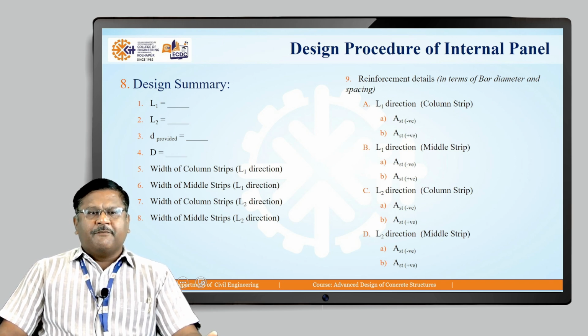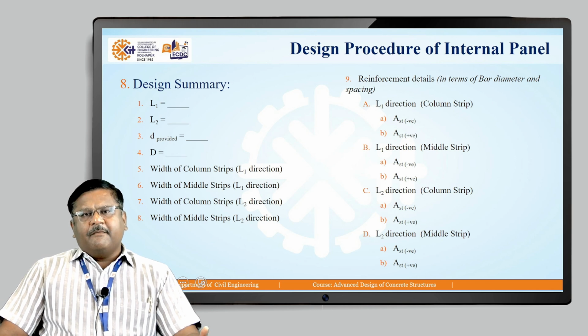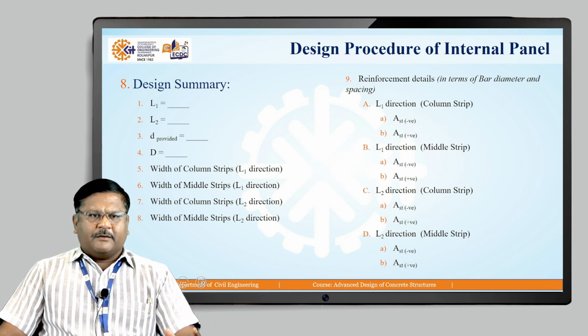For example, if you provide 20 mm bars and the calculated spacing is 120 mm, then you should write 20 mm Tor bars at 120 mm center to center. This is the normal fashion of writing the bars for slabs, so you want to write the reinforcement in that fashion only.